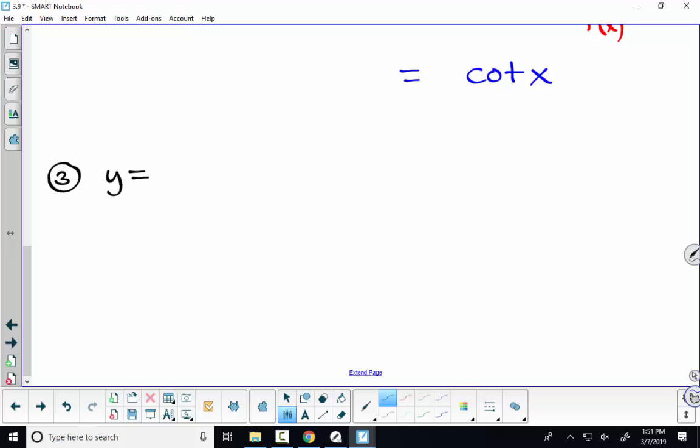So how about y equals the natural log of e to the 2x?